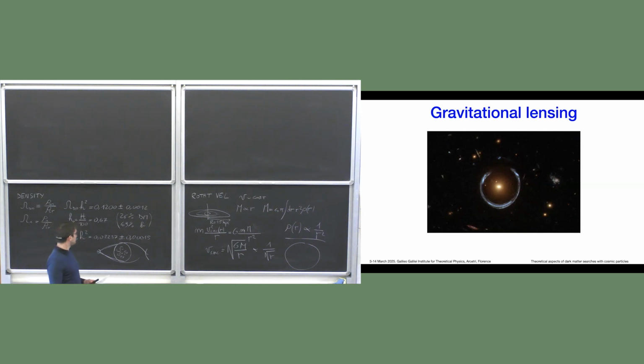And so basically the curvature of the light is expected to be proportional. So this is the angle of curvature, and this is expected to be 4 times the gravitational constant, the mass of the object, divided by basically the distance, the impact factor of the observation.